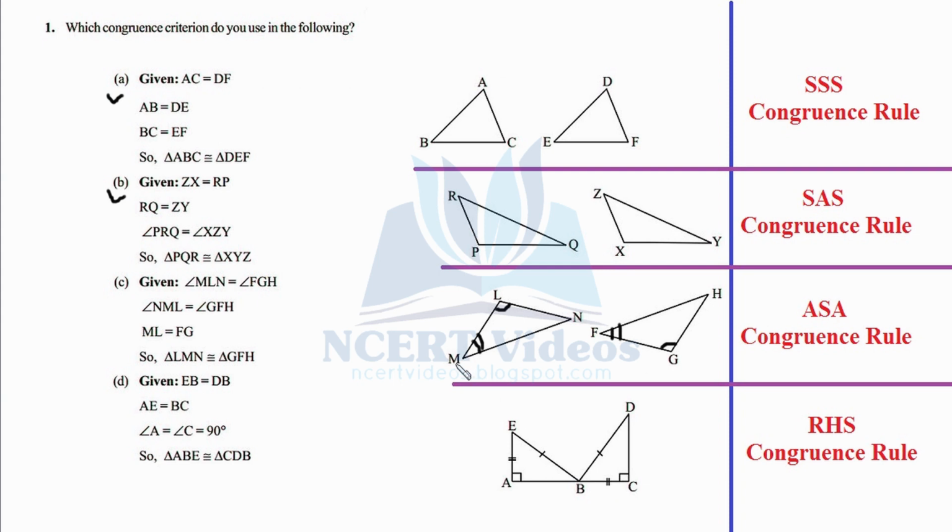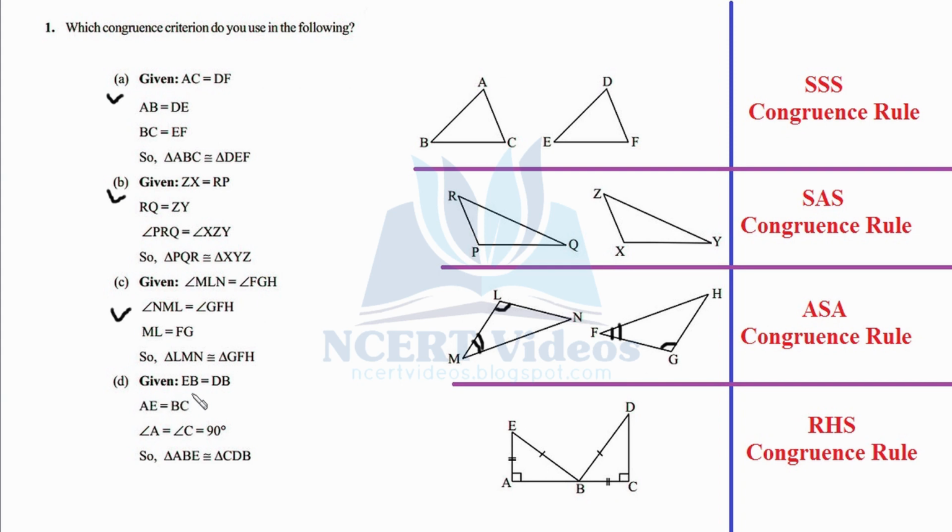And also one side, that is ML and FG. Note that this side falls between these two angles. Then only we can apply the angle side angle criterion. Therefore this follows the angle side angle criterion in order to make triangle LMN congruent to triangle GFH.